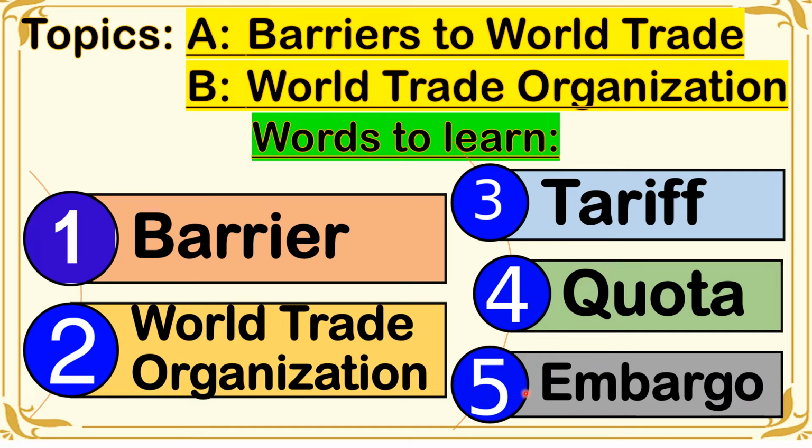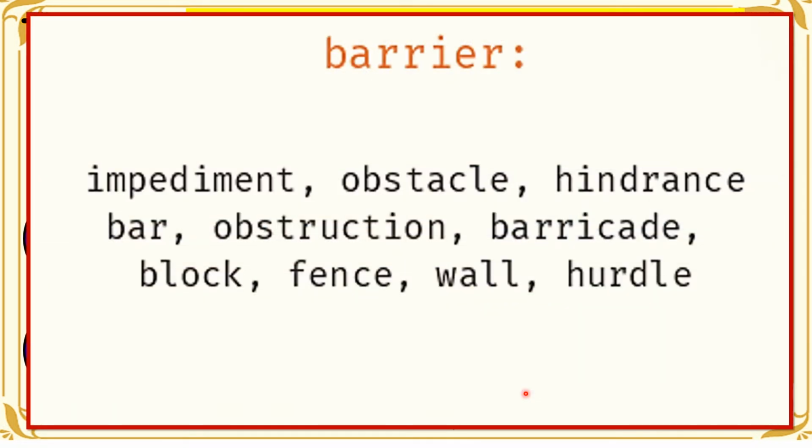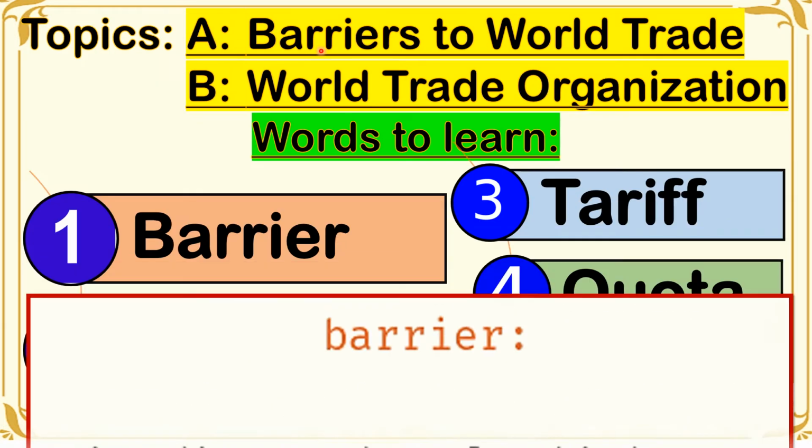And number five, embargo. So class, when you say barrier, it means impediment, obstacle, hindrance, bar, obstruction, barricade, block, fence, wall, hurdle. So in short class, when you say barrier, it is the reason why you stop doing something.